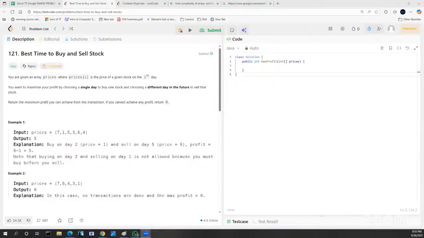If it is greater, I can sell the stock. But I cannot predict how much greater the next value will be. I only check if the next value is greater than my current one, so I can plan to sell that stock. Am I right?